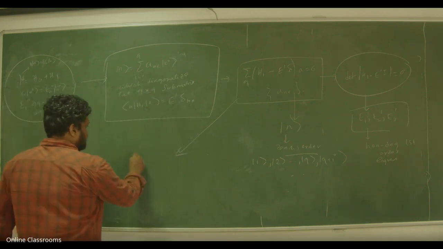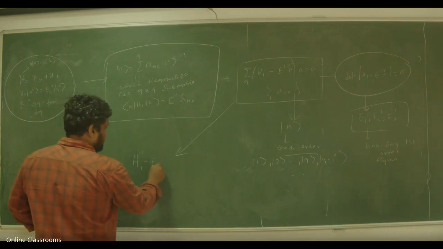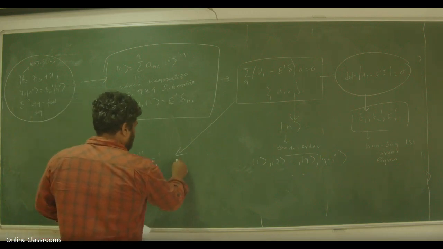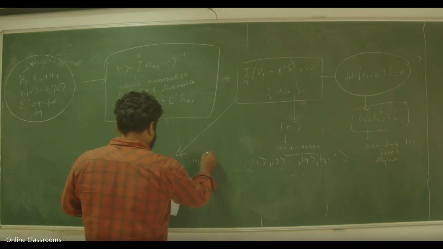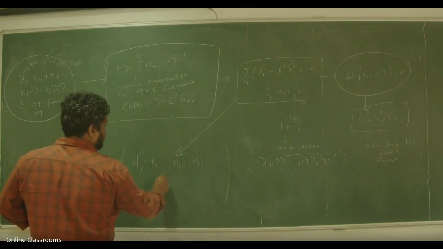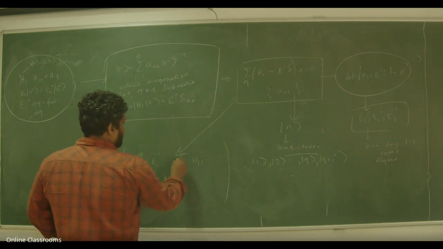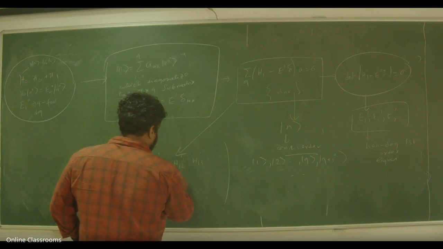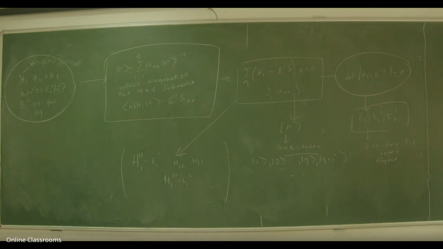This is construction of this H11 minus E11, H12, H13, and so on, right? H122 minus E12, and so on, right? This matrix you just have to construct.